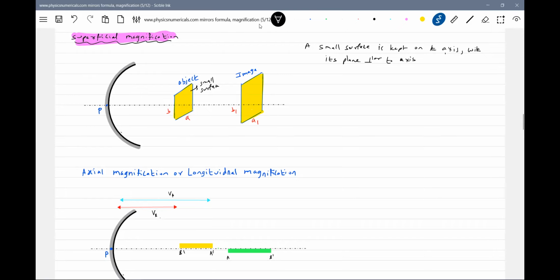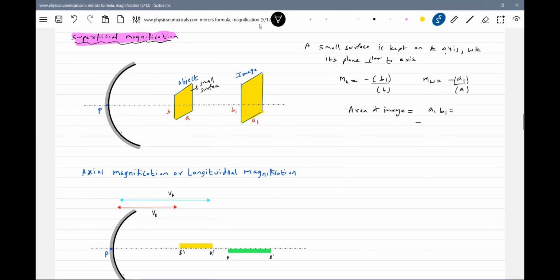The same formula: magnification of height should be equal to minus B1 by B. Magnification of width should be equal to minus A1 by A. So what is the area of the image? We define area of image as A1 B1.